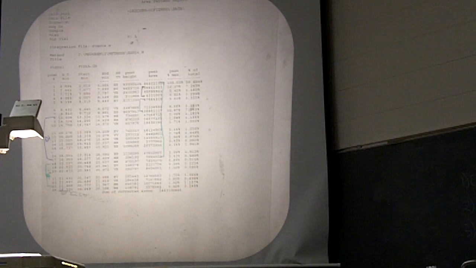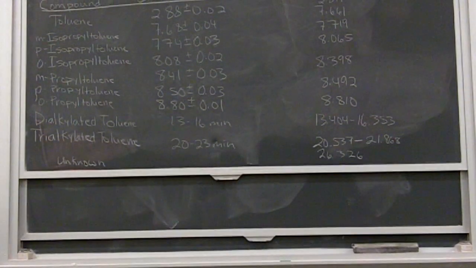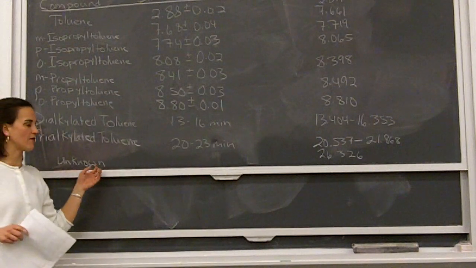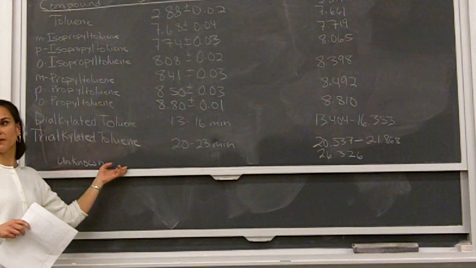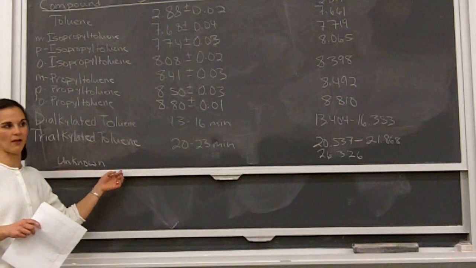But that first table, you want to be identifying the peaks that are in your own chromatogram for your own experiment, for experiment 14, and based on this, what you can't identify, then you will list as unknowns. But for the most part, you should be able to identify pretty much everything in your chromatogram, okay?